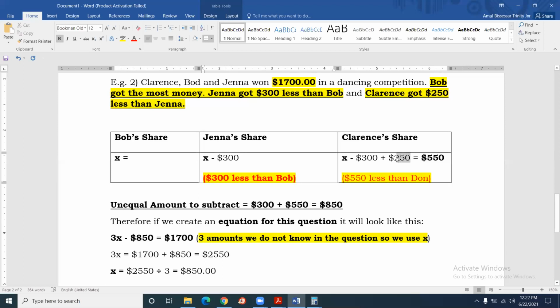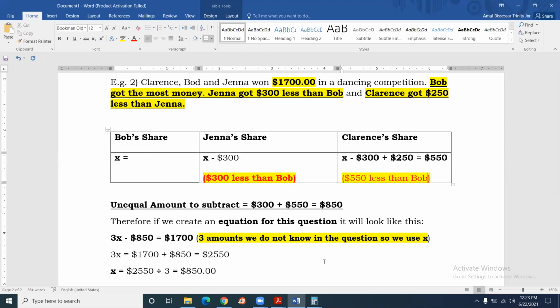Clarence gets 250 less than Jenna. So really and truly, Clarence is getting 300 plus 250, 550 less than Bob. Bob is our key. Bob is the one we look at. That is an important piece of information to make sure you understand.